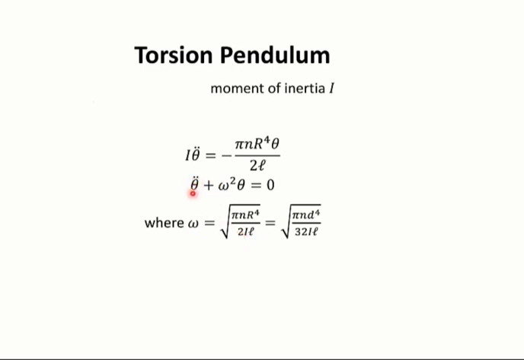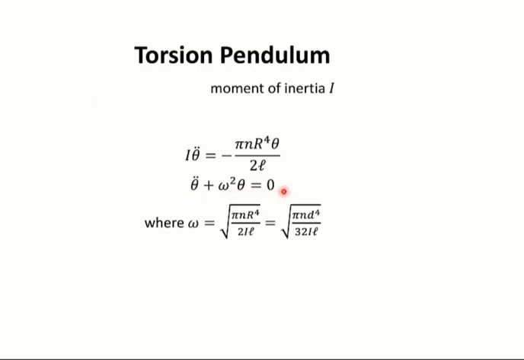Now, this expression is analogous to the expression that we saw in case of a mass spring system, where we had x double dot plus omega squared x equal to 0. Okay? Here, the angular quantities are considered, so we have this expression.